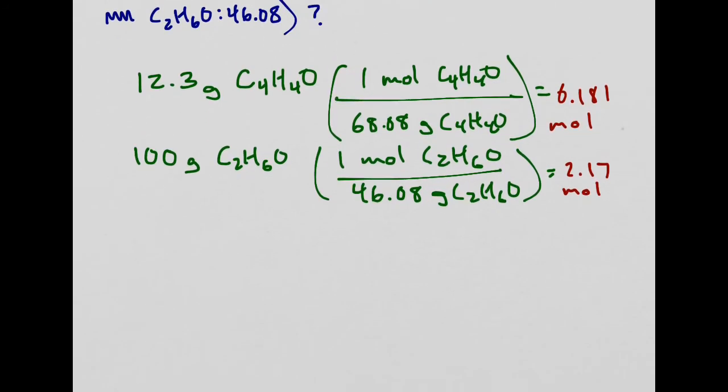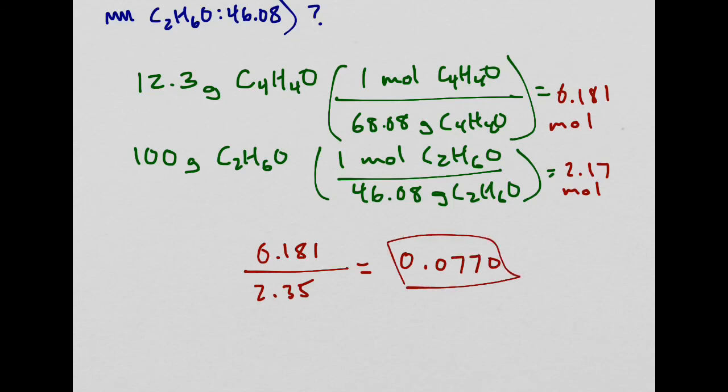So if you were to do the mole fraction here, you'd take that 0.181 moles of furan divided by the total number of moles of both furan and the ethanol together, which is 2.35 moles. Throw that to your calculator, you get 0.0770 for your mole fraction of the furan in this solution.